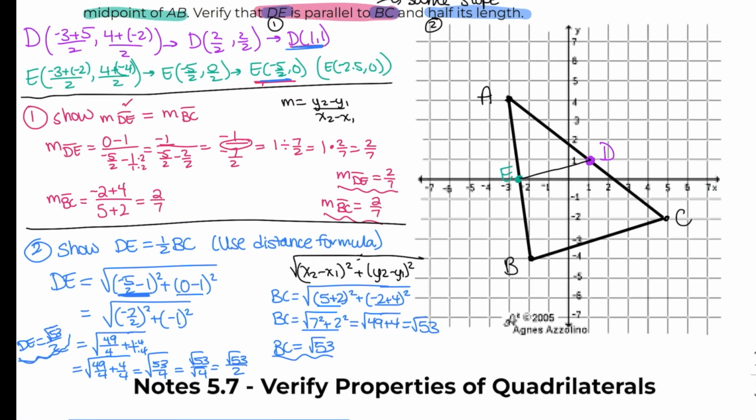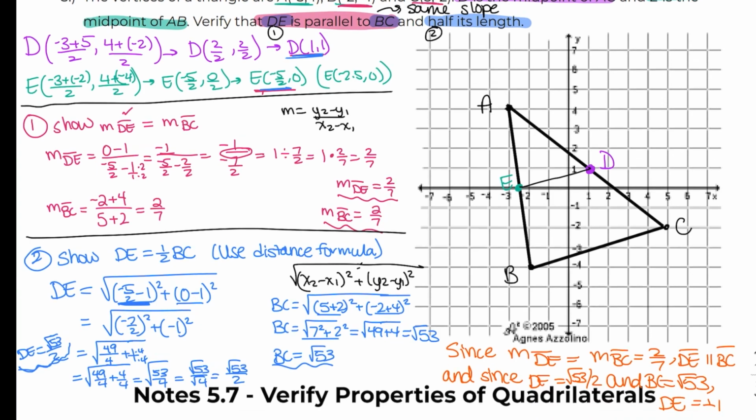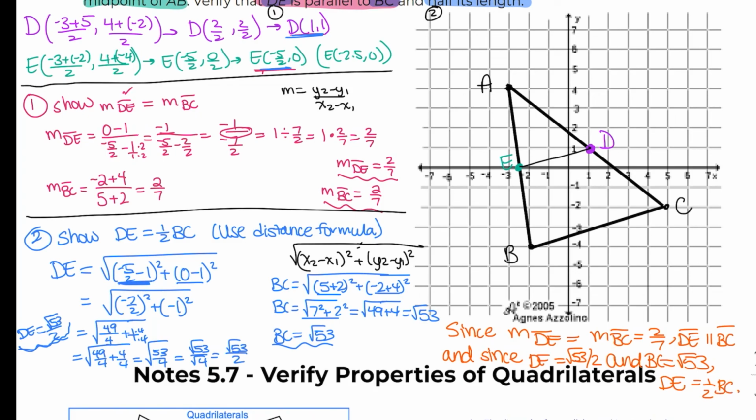So we can say here in our concluding statement, since the slope of DE is equal to the slope of BC, which is 2/7, DE is parallel to BC, and since DE equals the square root of 53 over 2, and BC is equal to the square root of 53, DE is 1/2 of BC.